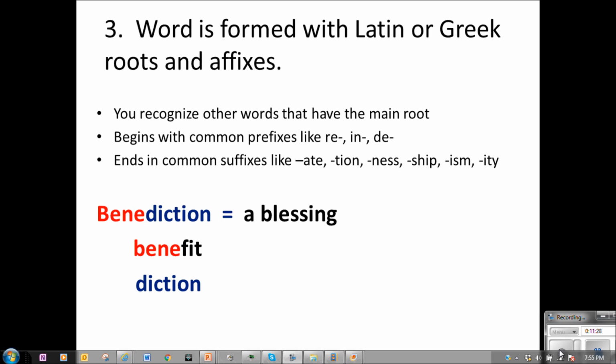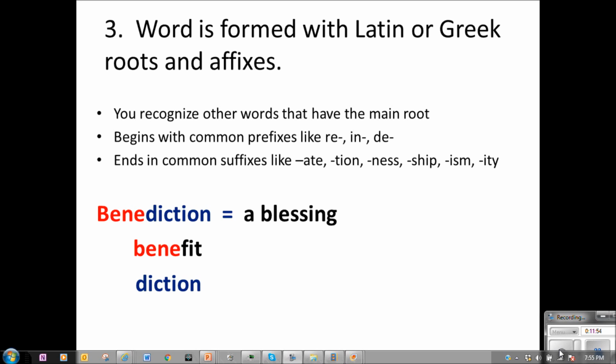You also might know the word benediction, because you might recognize benefit. The bene part means good or well. Something that's a benefit is something good for you. And you might also see the word diction in there, which means to say something. So a benediction is saying something good. In this case, it more specifically means a blessing.